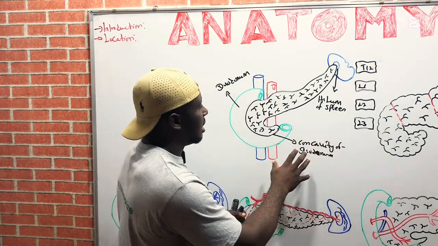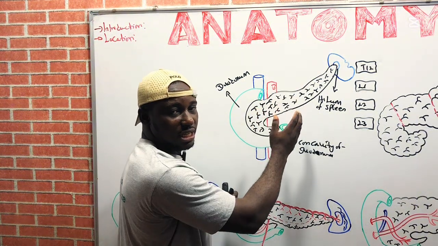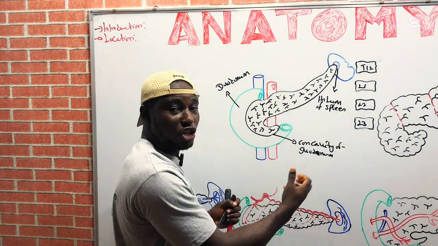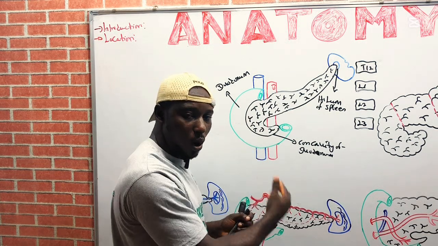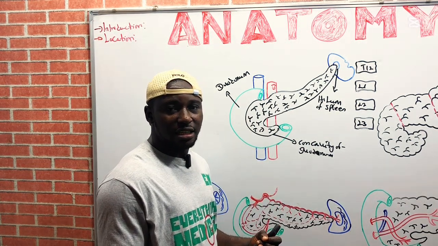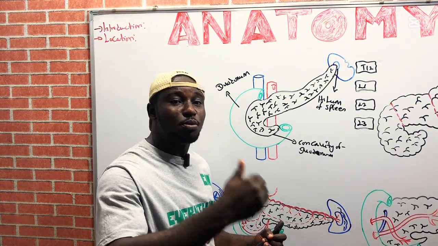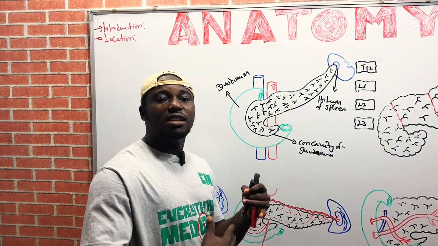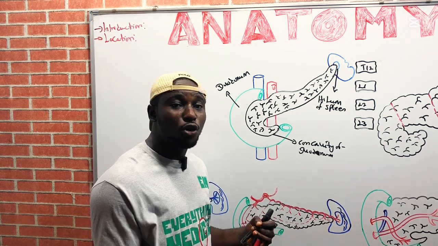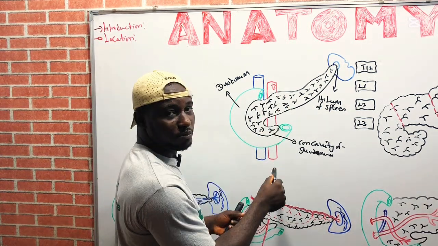Now, as you can see, it lies obliquely, right? On the posterior abdominal wall. The greater part of the pancreas is purely retroperitoneal in nature. This greater part is composed of the head, the neck, and the body, right?